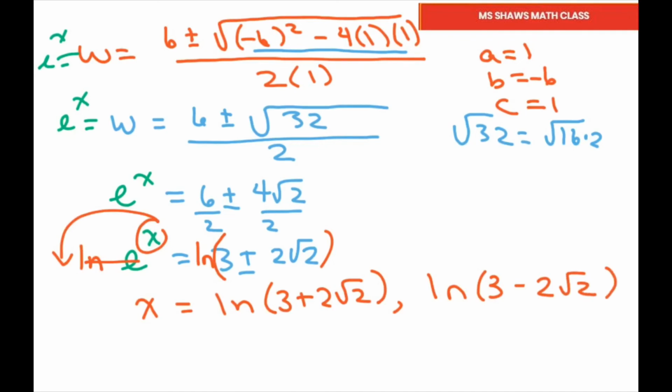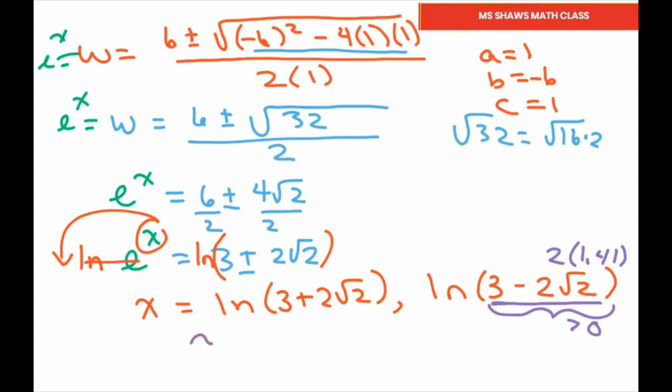Now, these would be your exact solutions. Make sure that this part especially is not negative. This is 2 times 1.41, which is still less than 3. Remember, this quantity here has to be positive, so it is.